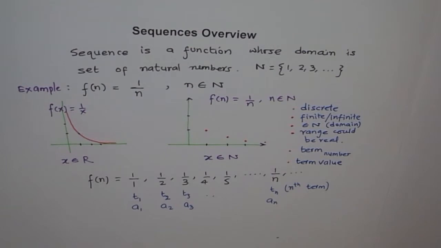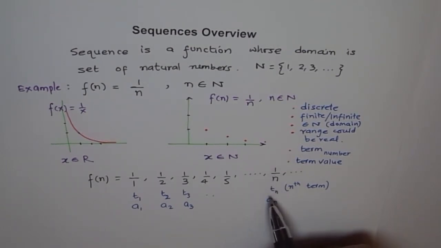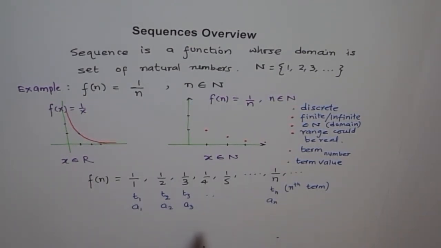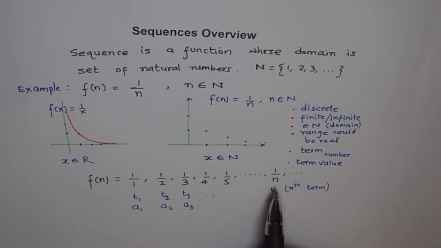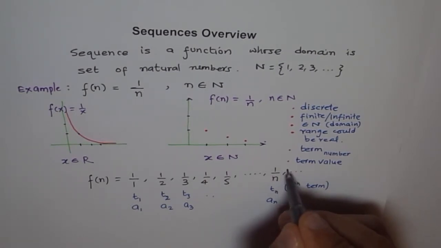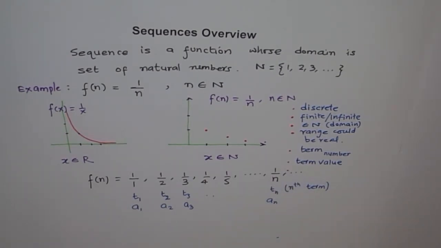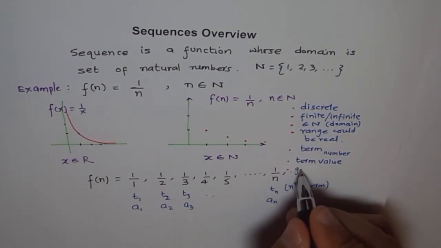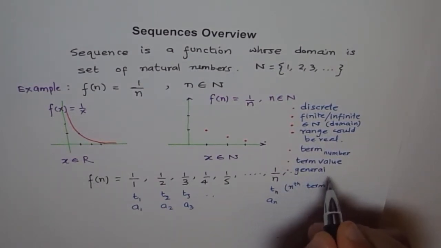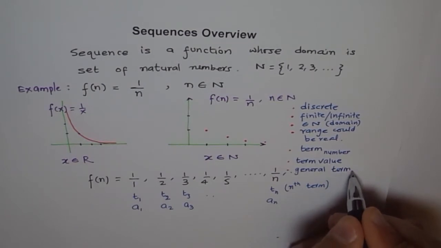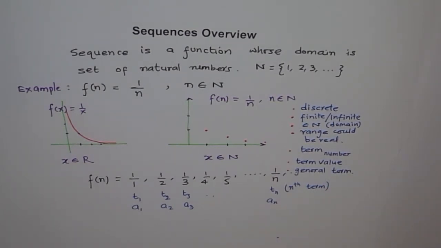Now, this is kind of important. At times, when we are given a sequence, we need to find out what the general term is. When we say general term, we are talking about the nth term. So this term is also called the general term. A function may define the general term. For example, can you write a general term for this function?